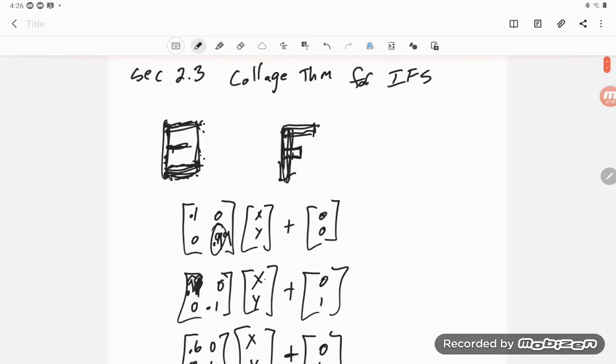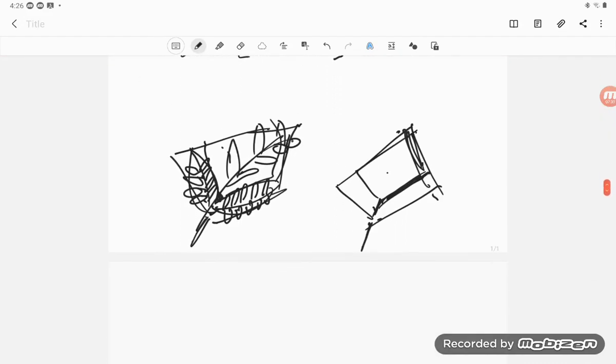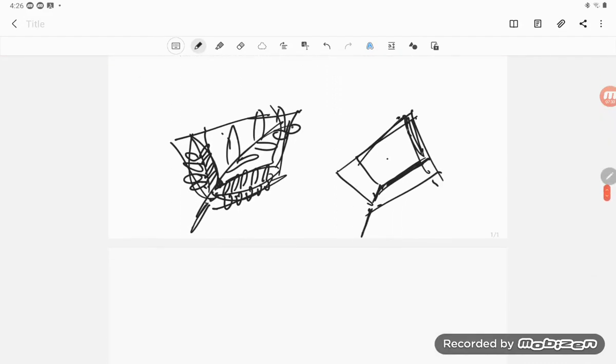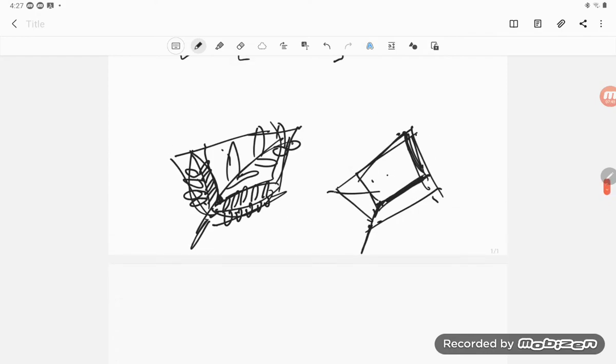I said, well, F kind of looks like a rectangle. So I create a shrunken version of it right up here, and I place it there. Then I shrink it more, turn it and so forth, and put the fern right there.